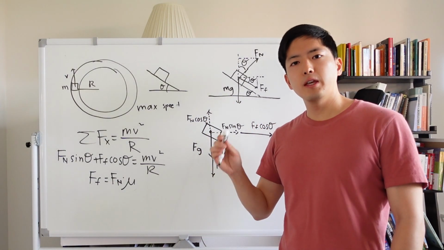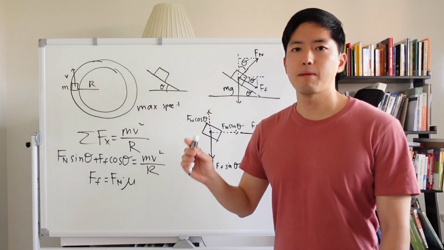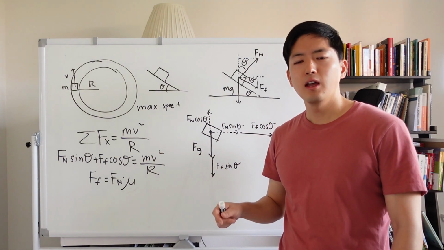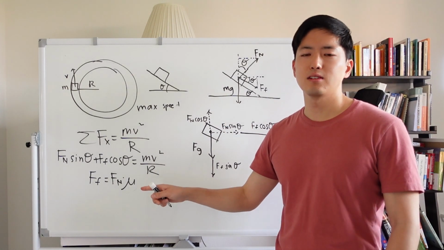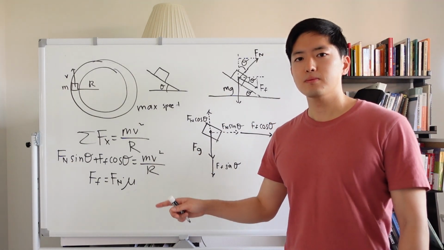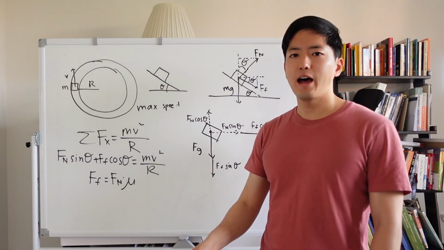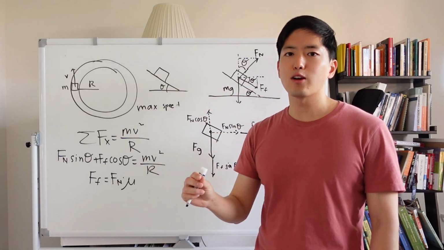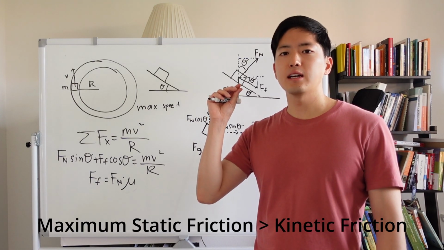Now, if you think about it, in this problem, we are solving for the maximum speed that the car can travel to remain on the track. And so we want to maximize this friction force. And we know that the maximum static friction force will always be greater than the kinetic friction.